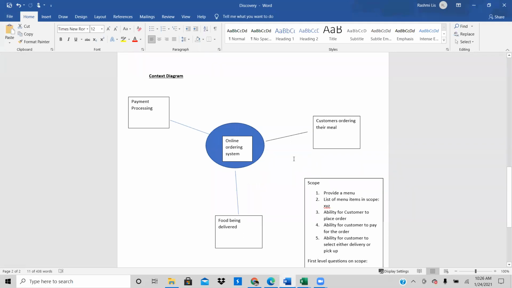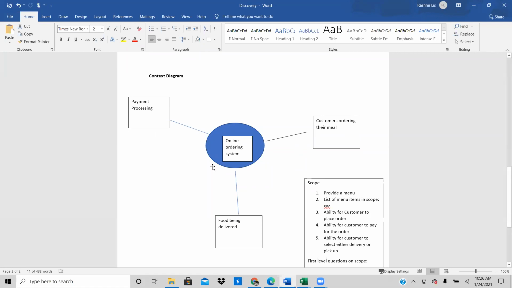I just put this in Word. It's very simple, but what it does is very powerful. It helps me understand the entities. Entity is something that is impacting the system. It could be an input, an output, or a customer.